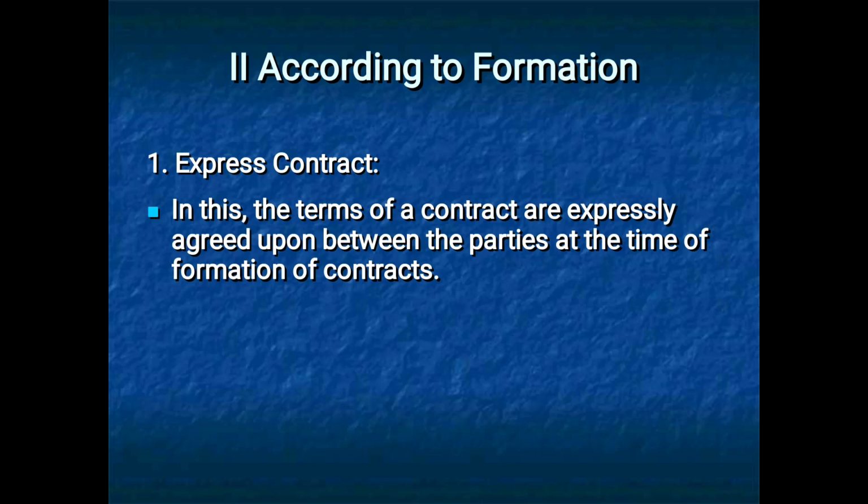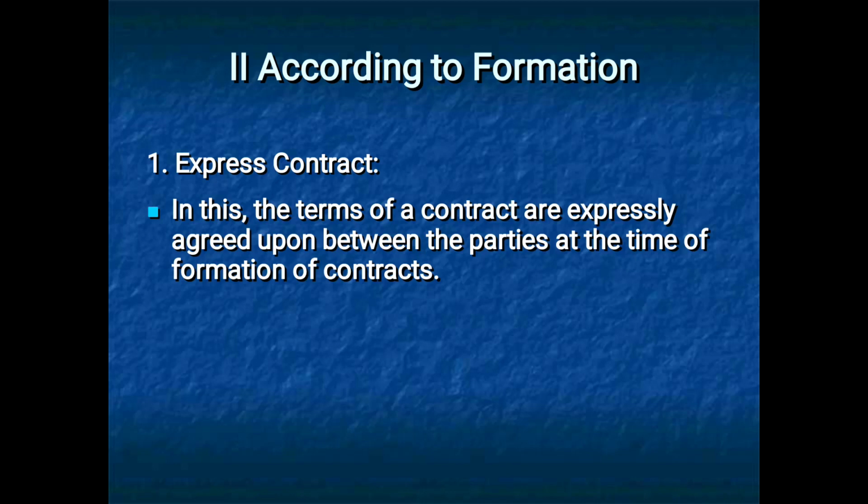For example, Mr. Krishna sells his bike to Mr. Sen, stating the price, mileage, engine capacity, dispatch details, etc. Then Mr. Sen accepts all the terms quoted by Krishna by saying yes. Here, both Krishna and Sen express their views on the basis of their opinion without hiding anything. So, this is a good example of express contract.